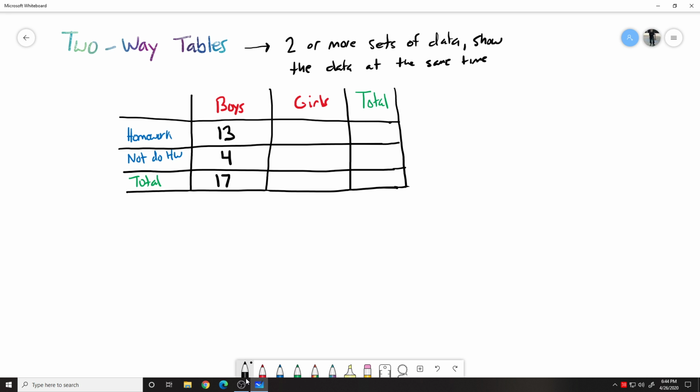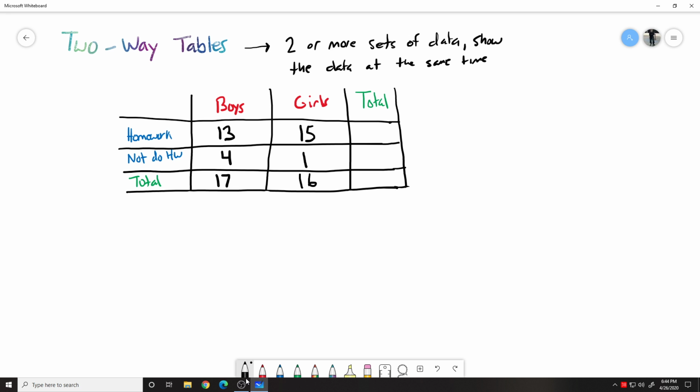Then we asked the girls, did you do your homework or not? And we discovered that 15 girls did their homework and only 1 didn't. So how many total girls do we have? 15 plus 1, we had 16 girls. Now not only are we going to total the columns, but we're also going to total our rows.